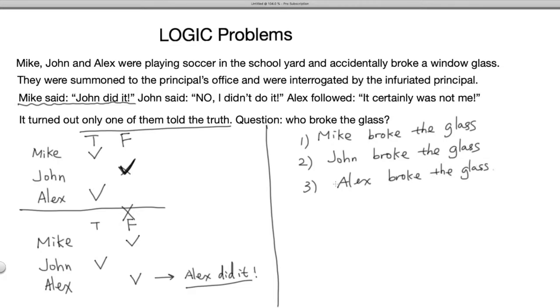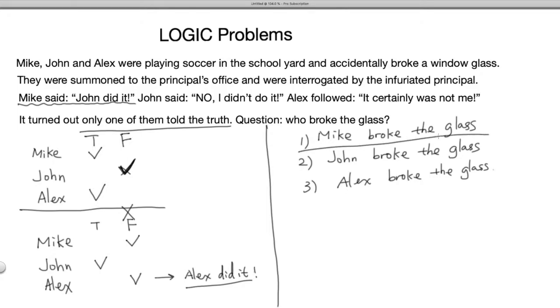The total possible outcomes are only three. And why don't we just use each of the three outcomes to see if it satisfies the statement that only one of them told the truth. So let's look at it.